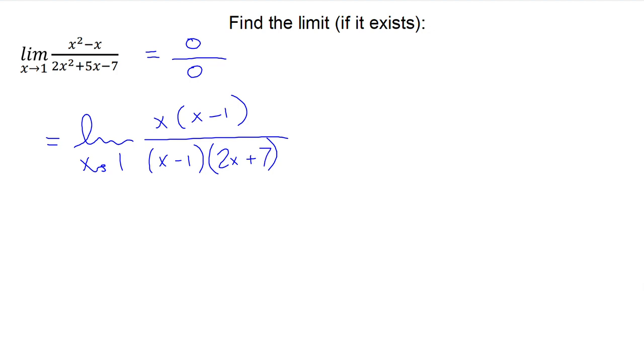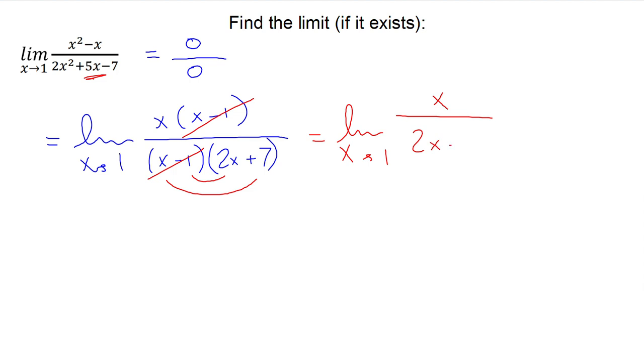And you do want to just confirm that when you do that, right, you get 7x and negative 2x gives me the 5x that I was looking for here. So the x minus 1s will now cancel. It's a limit as x approaches 1 of x over 2x plus 7, which is now just 1 over 2 plus 7, or 9. 1/9.